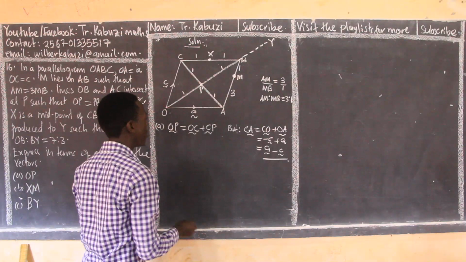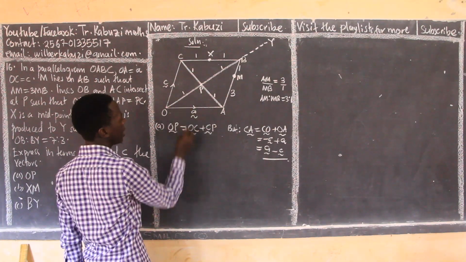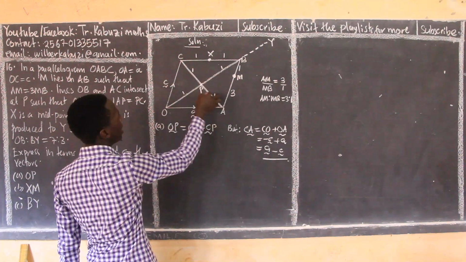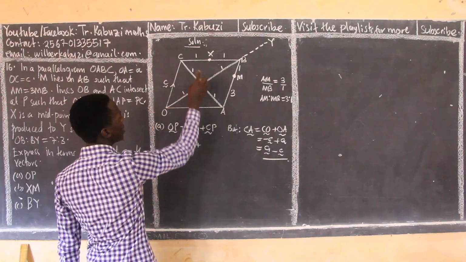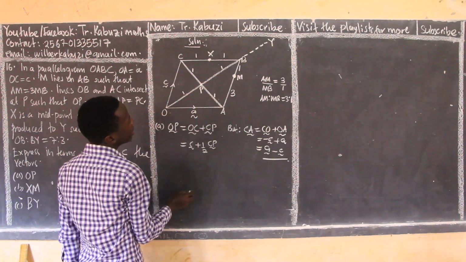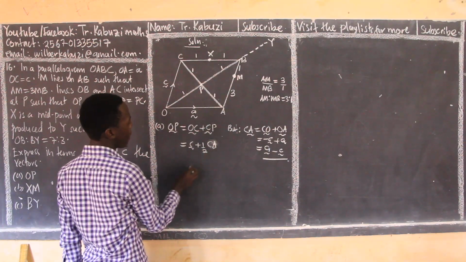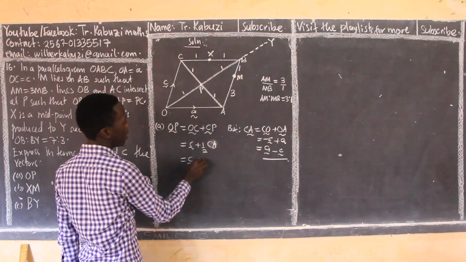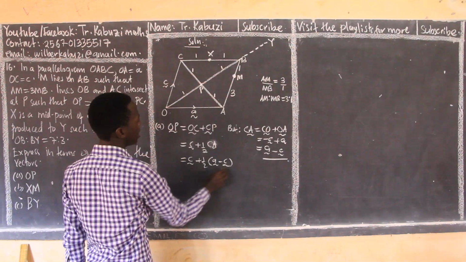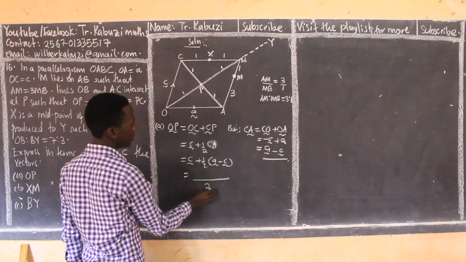So this one is going to be our OC, which is C, plus CP. For CP, you see the whole line is 1 plus 1, which is 2, so it's a half of the big line, which is CA. So C plus a half, our CA is A minus C. The LCM there is going to be 2.